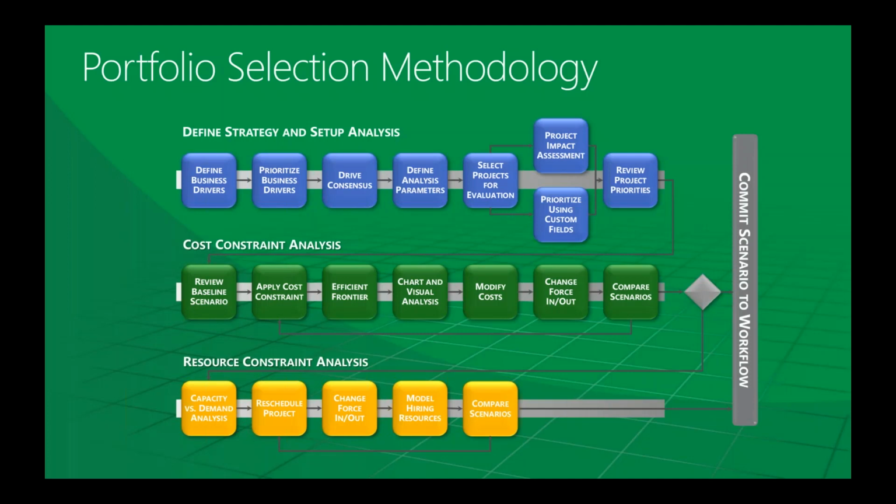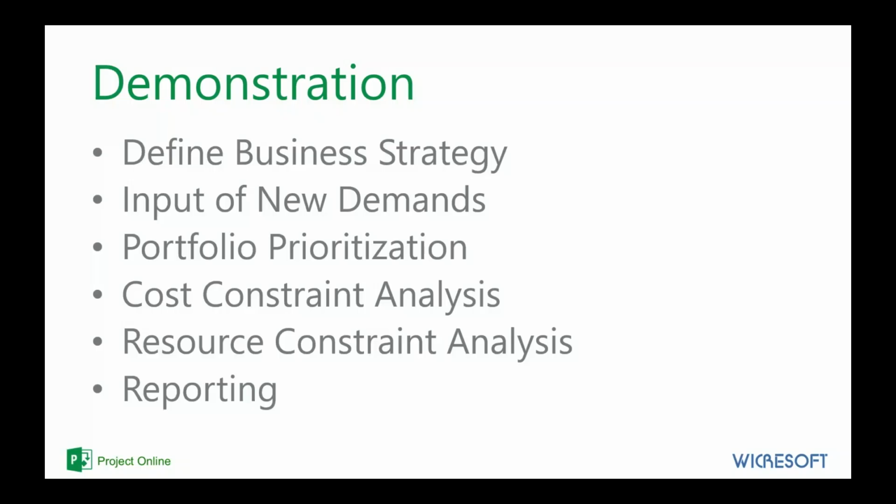So you might go with that blue line for prioritization. You might layer in the green functional areas here for cost constraint analysis, or what's showing in gold for resource constraint analysis as well. So all of that's functionality available within the tool. So let me take you through how we can do that with this overall solution.